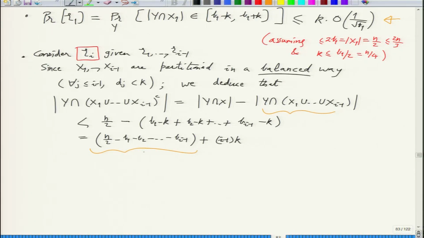Right, so this is essentially the size of x prime, which I am defining as, let's write this properly. Complement.